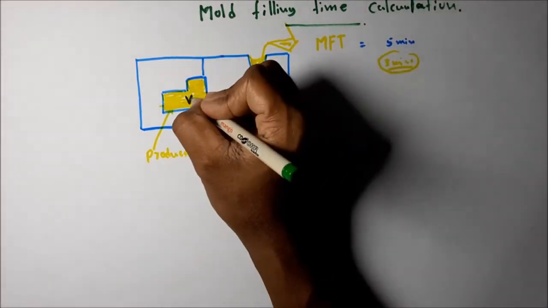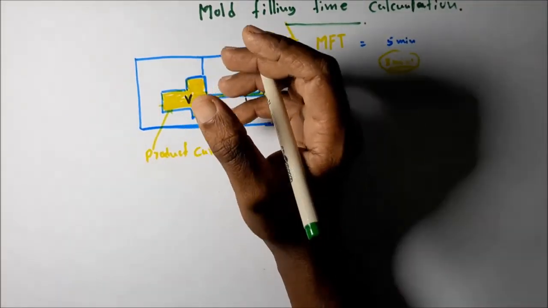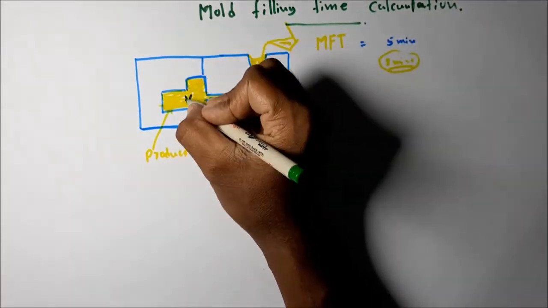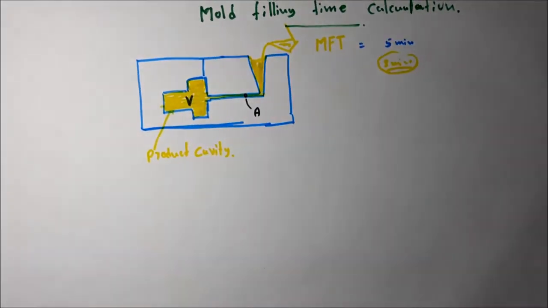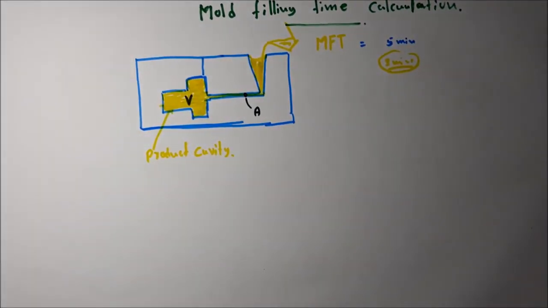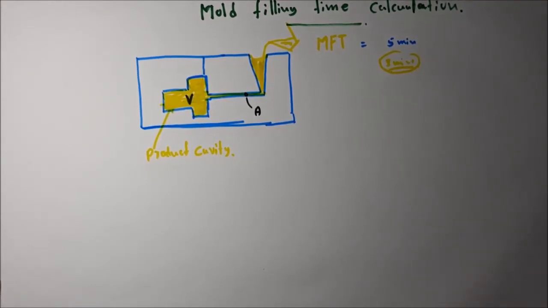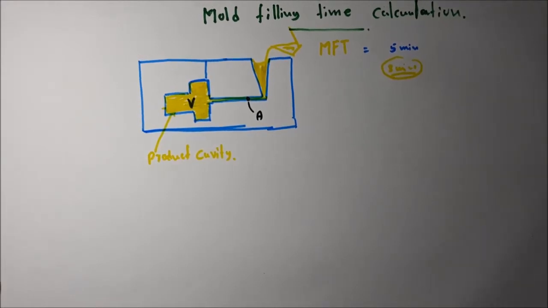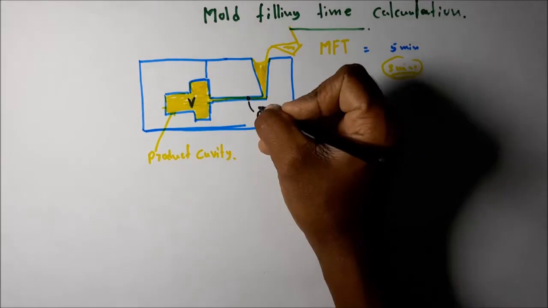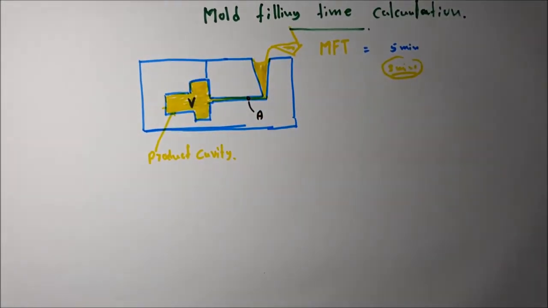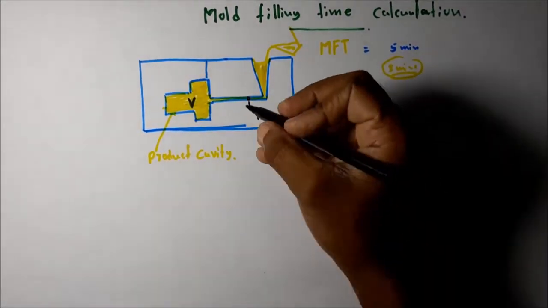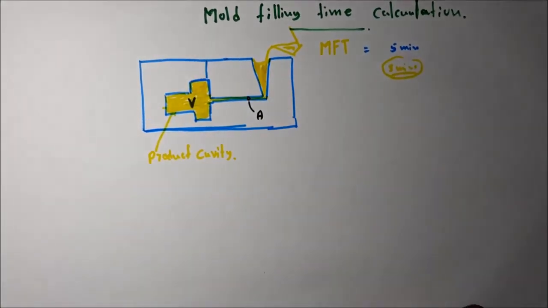For a certain casting operation, V, the product cavity volume, is a known value, and we can easily calculate it. A, the main runner dimension, is also a known value.